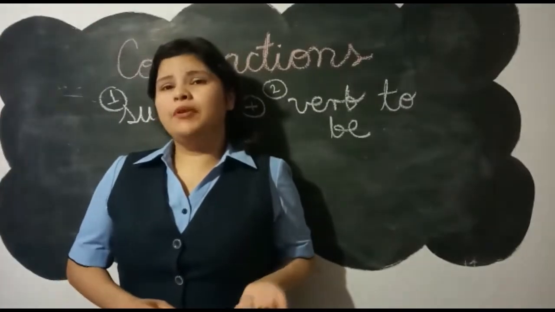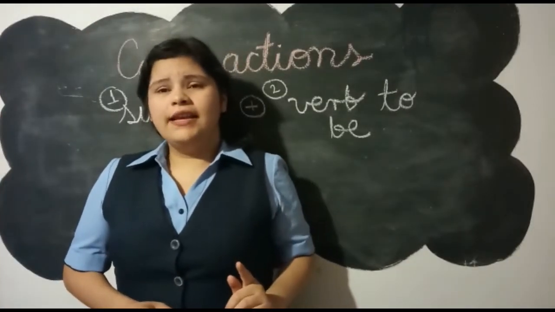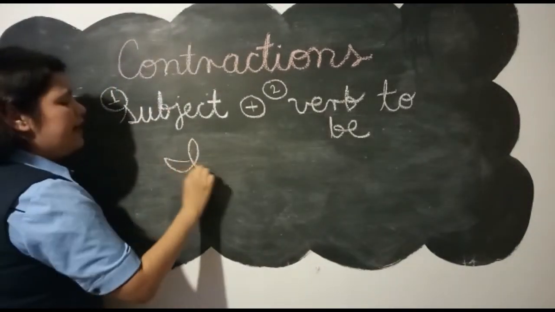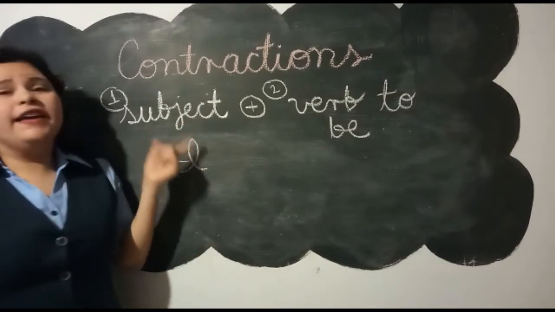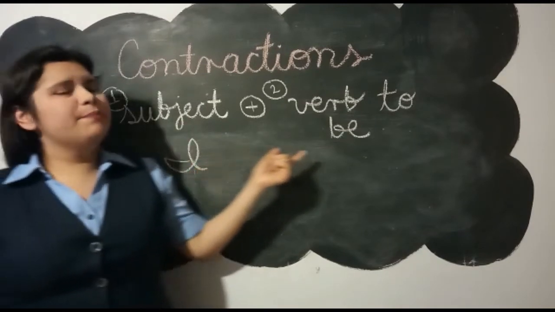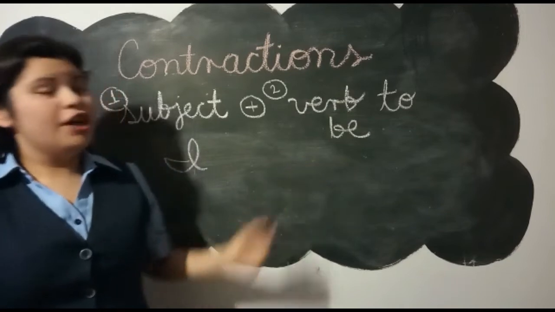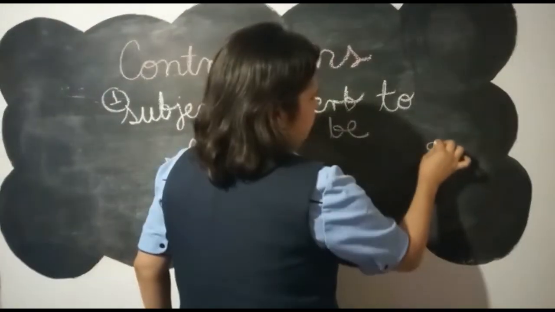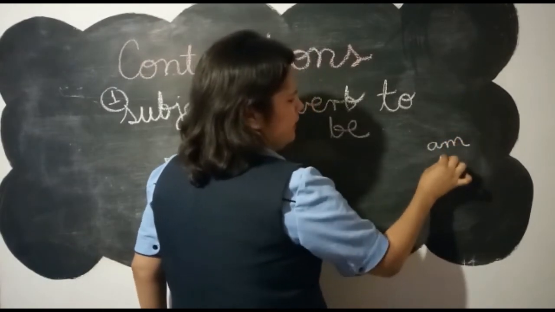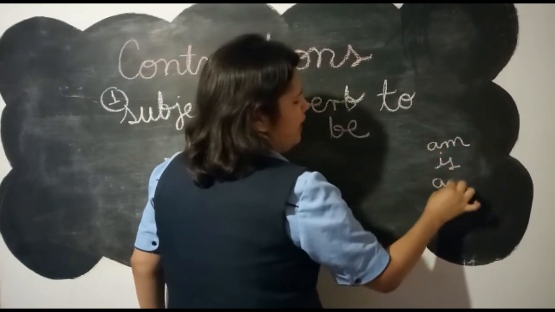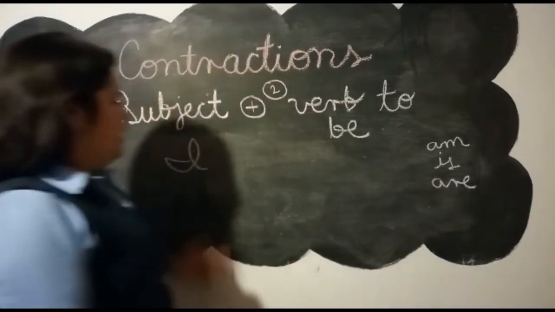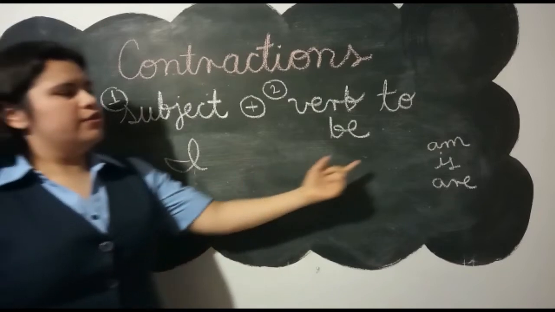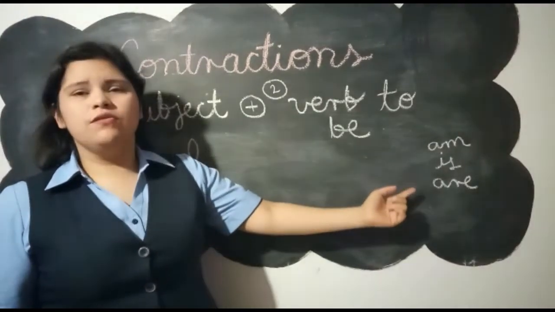The next example, to make a contraction, is going to be with I. If I have I, what is the verb to be that I have to use? Remember that we have 3 options: am, is, or are. I corresponds to am, is, or are.